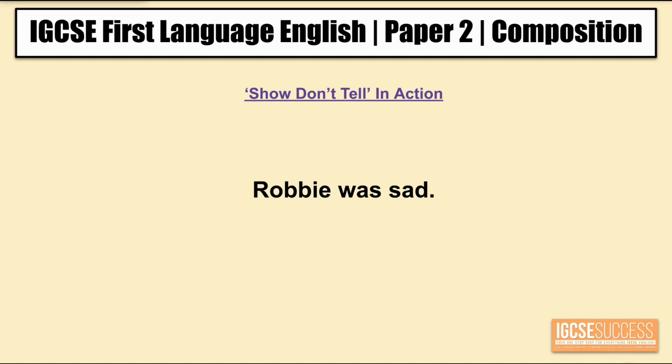Okay, so on your screens now, you've got a very boring telling sentence. Robbie was sad. That is not in any way immersive or engaging for the reader. So how can we transform that very straightforward, rather bland, depressing sentence into a far more immersive one? Well, let's take a look.